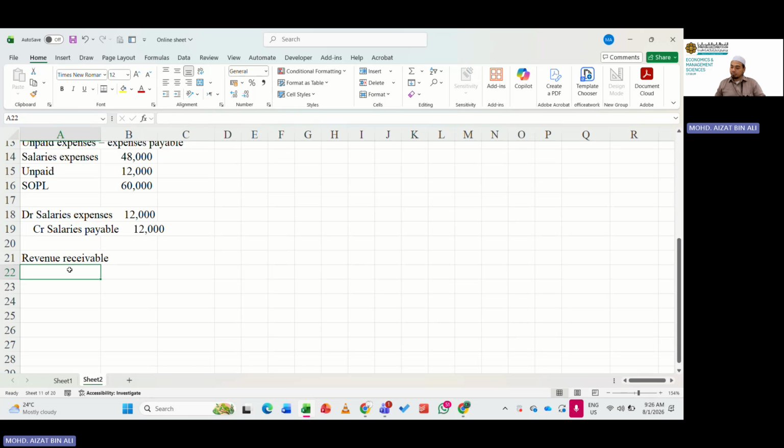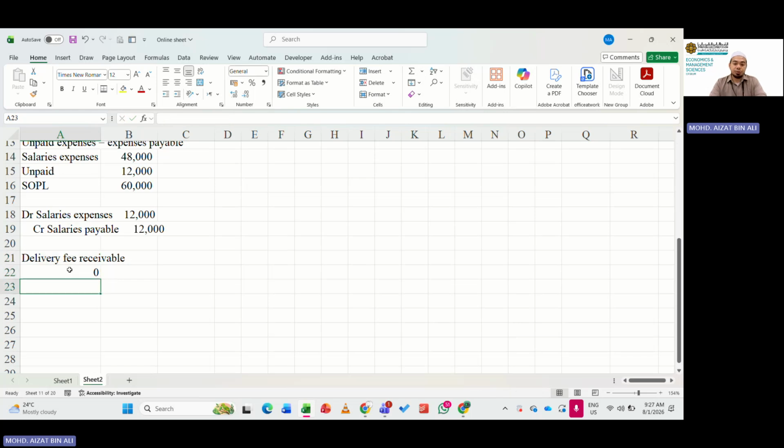For the revenue receivable, here we have delivery fee revenue. Sorry, so what we should use is the full term, delivery fee receivable.